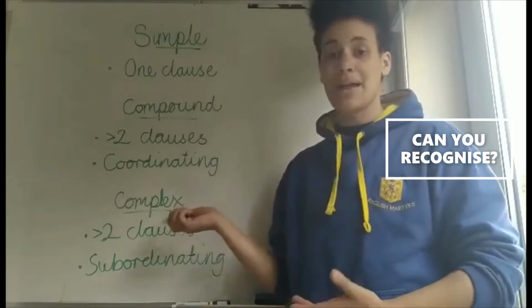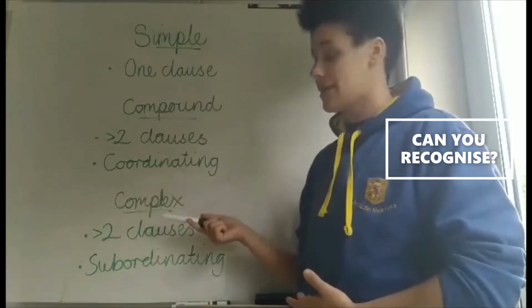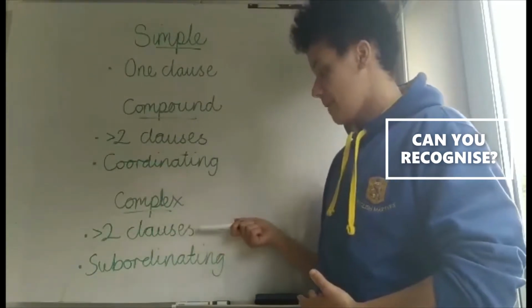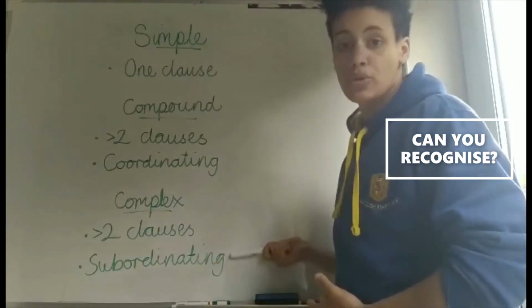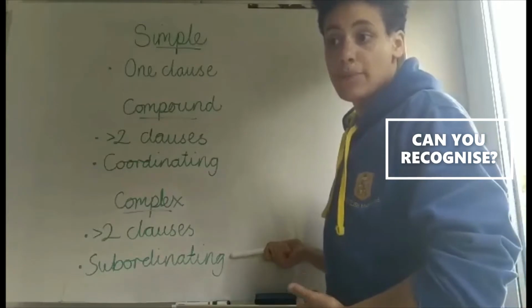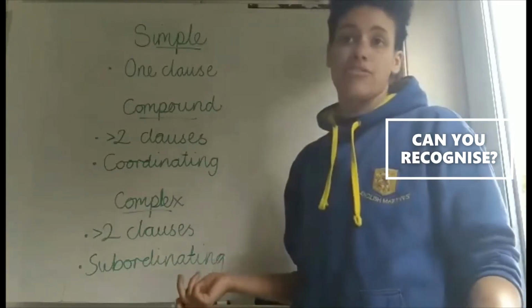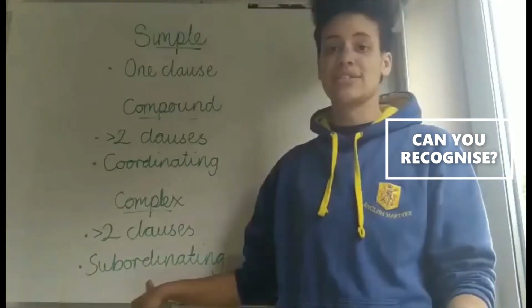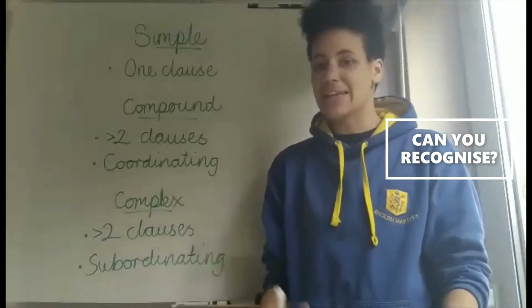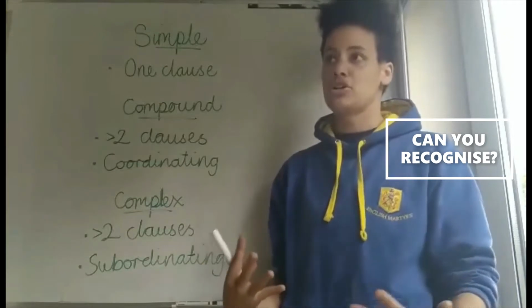If I wanted to make my example, I love books, into a complex sentence, I'm going to need more than one clause again. But this time I'm going to join them with a subordinating conjunction. So this is my because, although, after, when, since. Okay, these ones are going to give me more detail. They're going to add some more information to my clause.